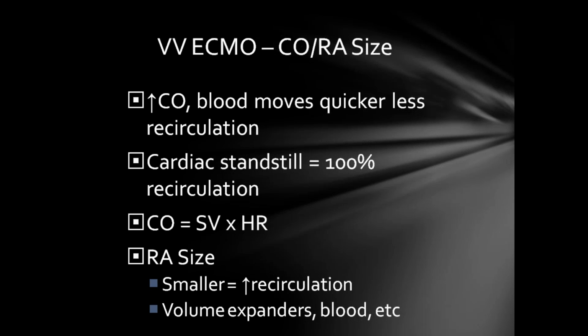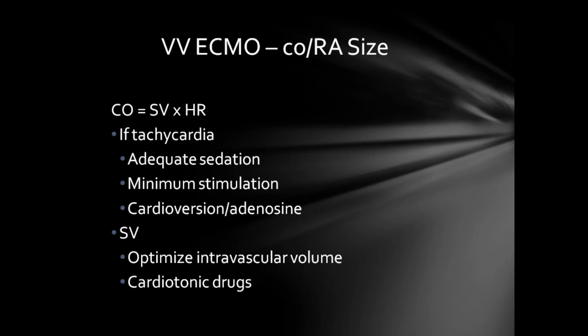If your heart rate increases much faster and your valve opening time is less, again there will be more recirculation. So you have to always keep that in mind about recirculation. If there are tachyarrhythmias or bradyarrhythmias, recirculation chances will increase because the valve opening will not be there.